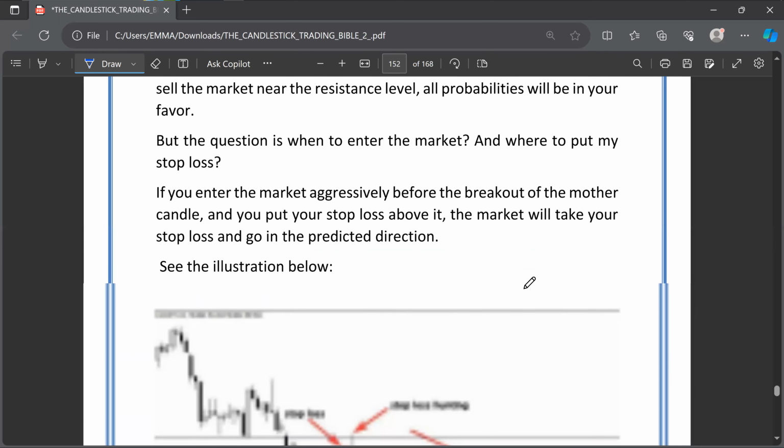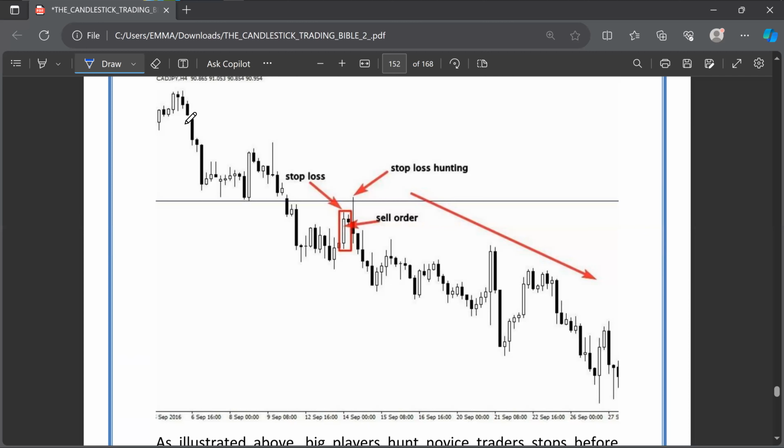Let's look at this example too. Price is generally moving down. This also forms, right? And then looking at only this, a bearish candle. But when this one forms again, the small black one forming here, it behaves as if the price is going to go up.